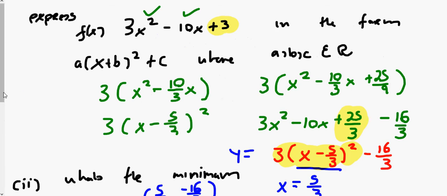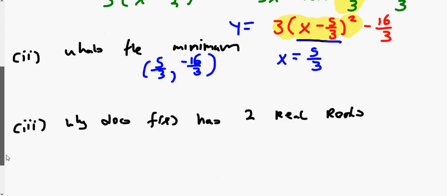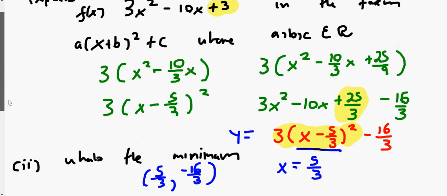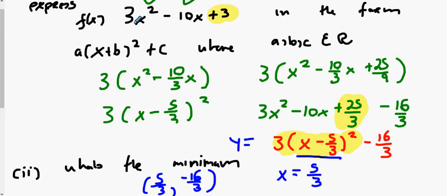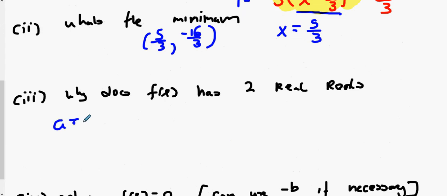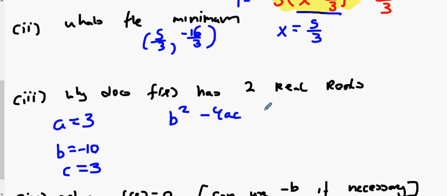Now, let's keep going. Does f of x have 2 real roots? Well, what's our a value? 3. Our b value? And our c value? A is 3, b is -10, and c is 3. B squared minus 4ac, so then what do we get?